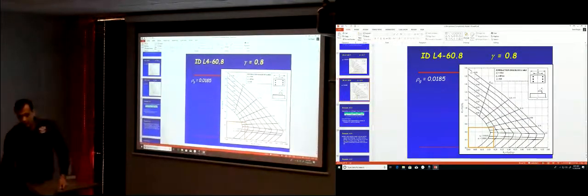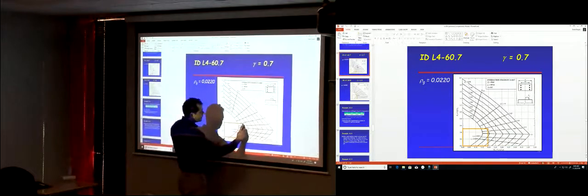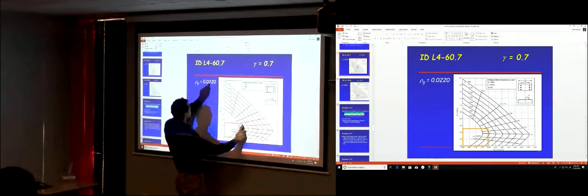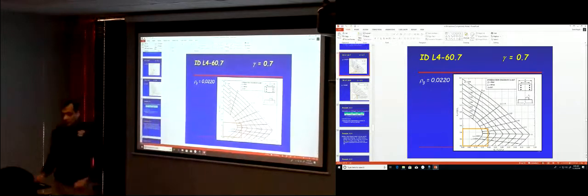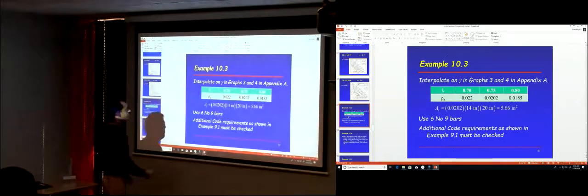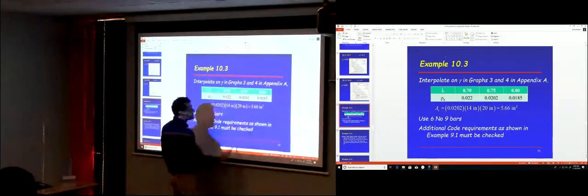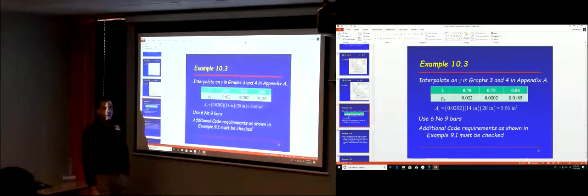Then for 0.7, you plot Kn and Rn, and you get this point. It's between 2% and 3%. You interpolate, and it's 2.2%. So that's for 0.7, that's for 0.8. You find the average, so that's the rho required to resist that moment.